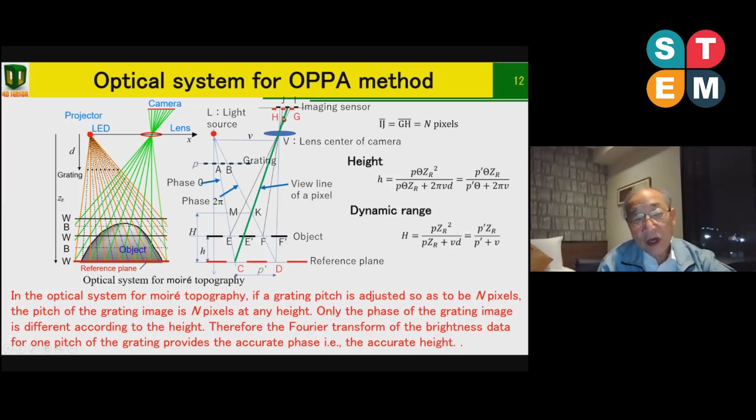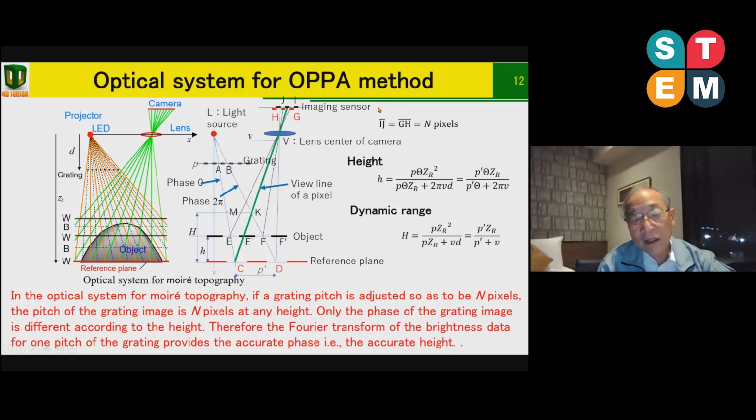In such a case, the length GH and IJ are the same according to this geometric relationship. It's easy to calculate the relationship by using similar triangles. So the calculation is not so difficult.